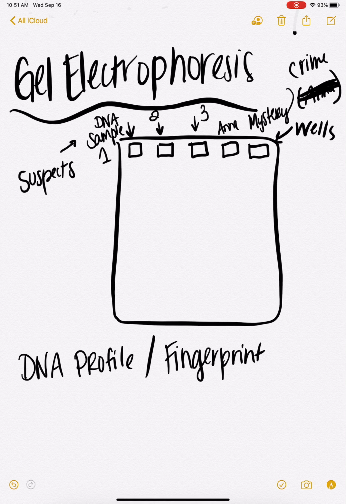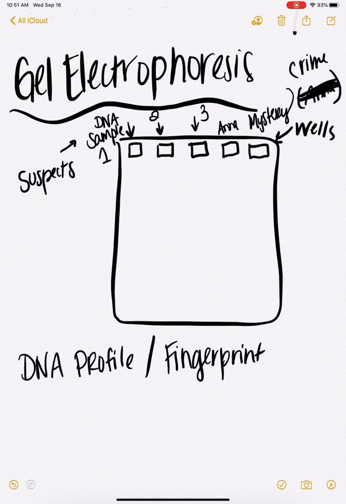And this is how they do it in the crime shows. When you see that they match the DNA and got a such-and-such percent match, this is what they're doing. They are doing gel electrophoresis. They're not explaining it in all the fancy words, and they're not talking about the restriction enzymes, but that is what they are doing, and that is what you're learning about. So this is really important.